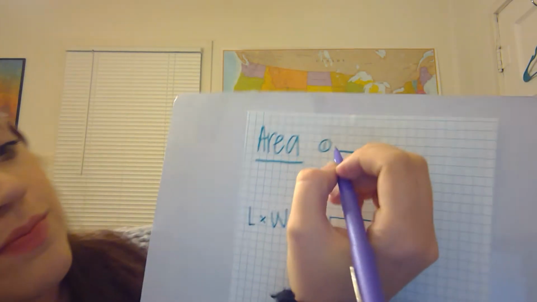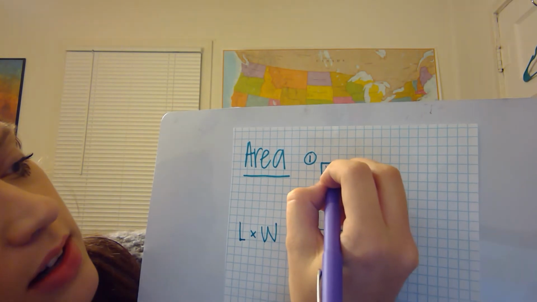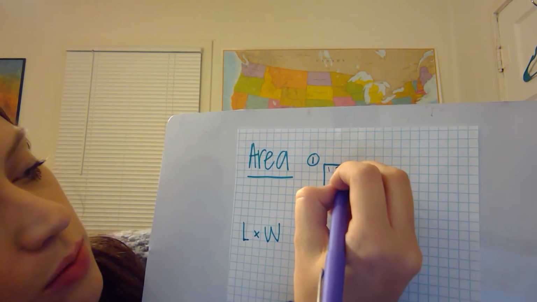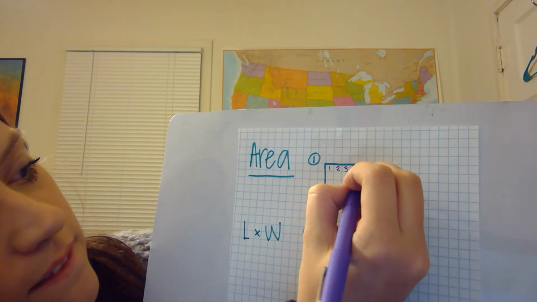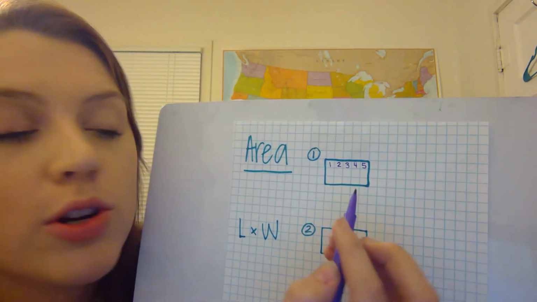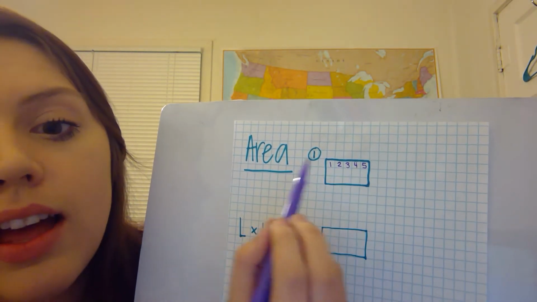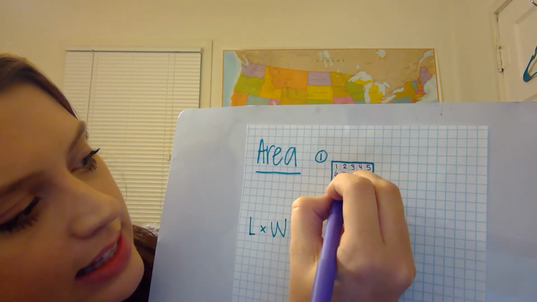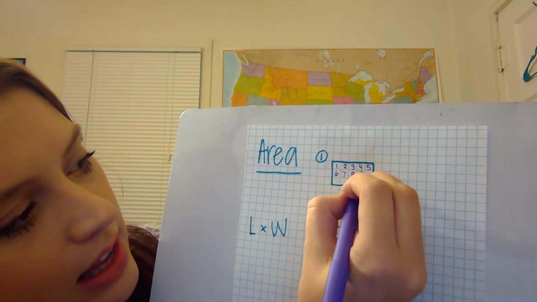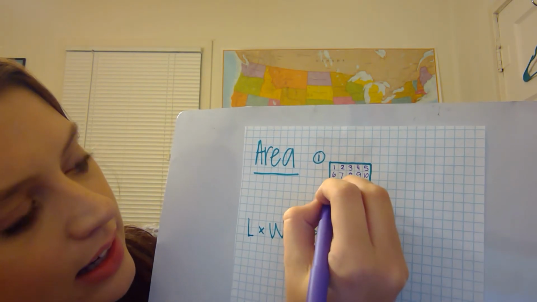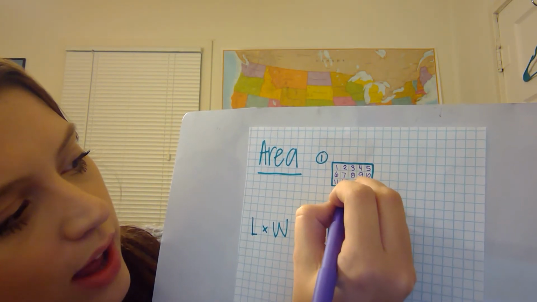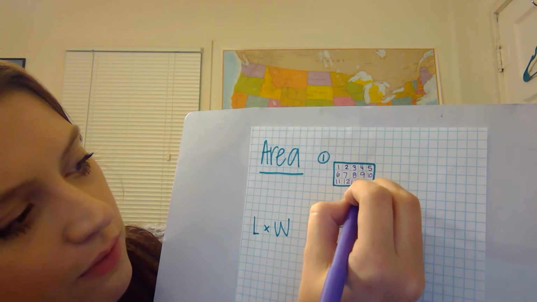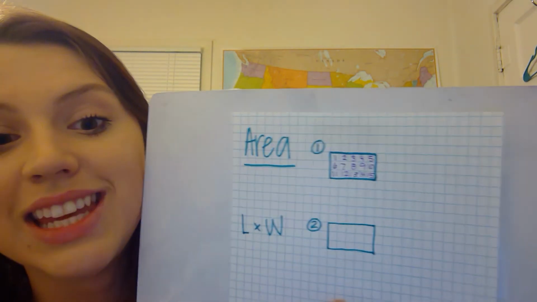We are going to count inside the rectangle. Okay? 1, 2, 3, 4, 5. Remember, on perimeter, we counted outside, area is inside. Let's continue. 6, 7, 8, 9, 10, 11, 12, 13, 14, 15.